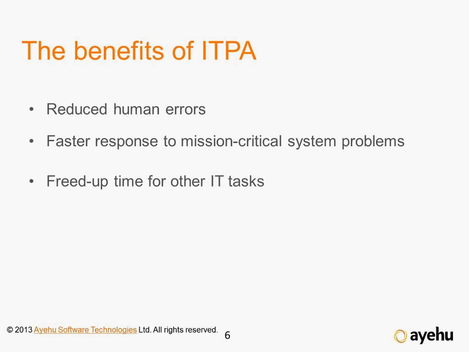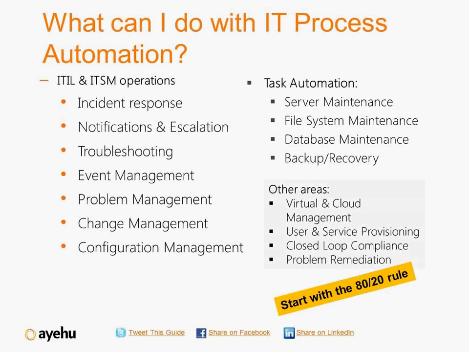Second, an automated tool is going to respond much faster than people can, and that's most critical when it comes to certain mission-critical systems. Third, even for something just routine, some of the standard maintenance tasks that need to be undertaken just to keep things running smoothly, being able to automate those things frees up your personnel to do other more important things instead of repetitive tasks.